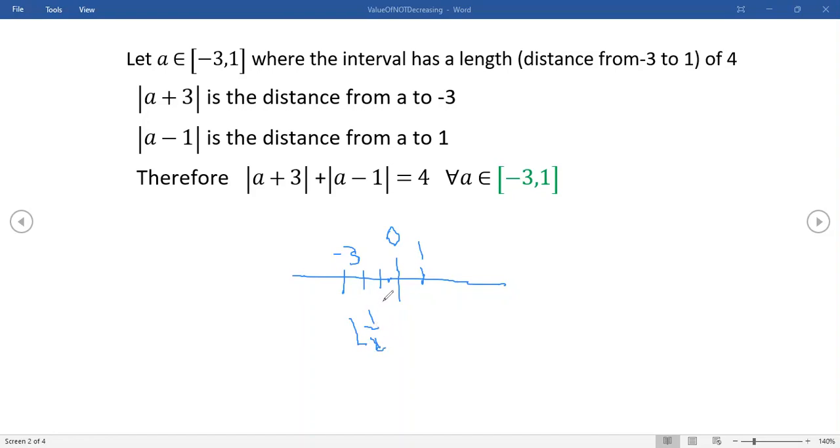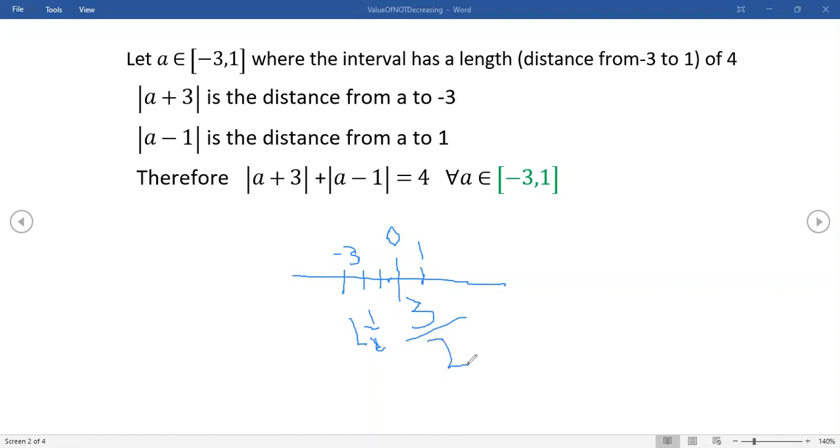This distance from here to here is 2.5. That's about as neat as it's going to get. Again, the distance from this location, -1/2, to -3 is 2.5. And the distance right here, I'm going to call that 3/2 because it's easier for me to write. That's the same as 1.5.